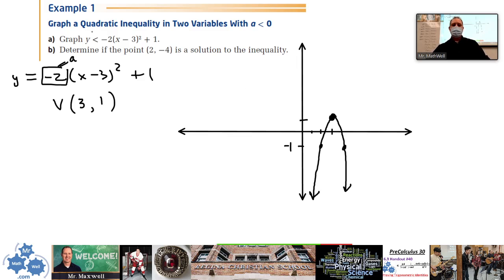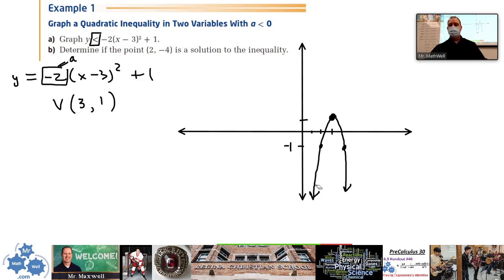And what I need to do now is graph the inequality. So now I've graphed the line. I have to go back and look at the inequality. And the first thing that I realize is this is not an or equal to. It's just a less than. So guess what? My borderline actually has to be dashed. No problem.